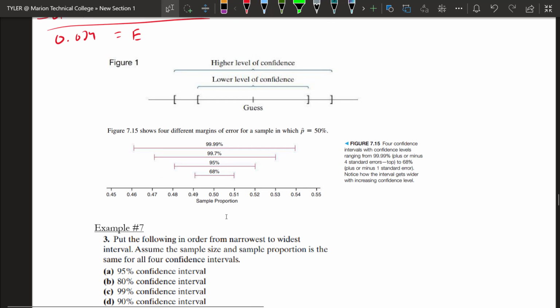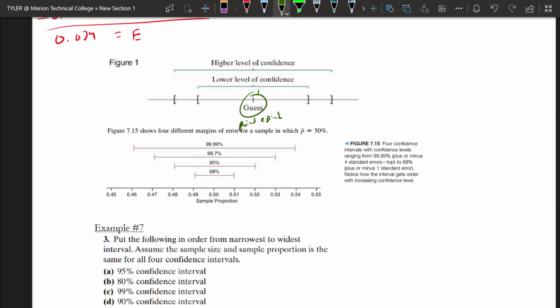All right, so now what I want to look at is the idea that the higher level of confidence that you get, the wider your interval becomes, right? So if you look here where this is labeled figure 1, you're going to get your guess, your point estimate here, right?